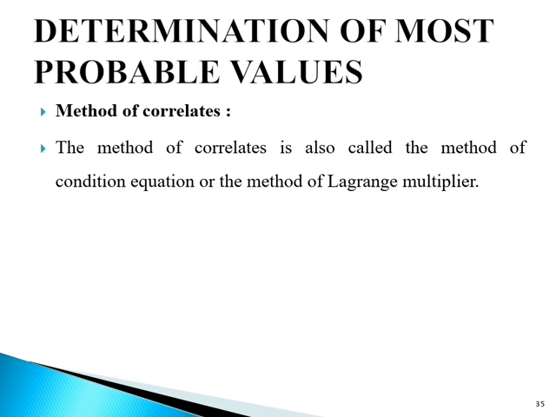In the method of correlates, the equation of conditions improved by the theory of least squares is used in addition to all the other available condition equations. So all the condition equations are collected in one place. This method is very advantageous as computations are reduced to a large extent.